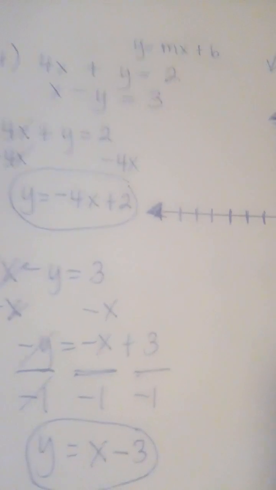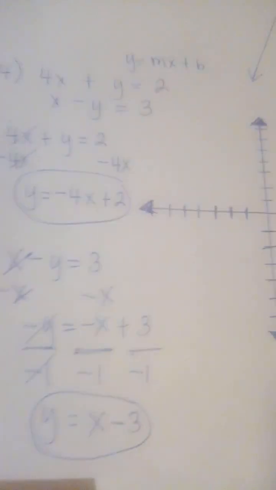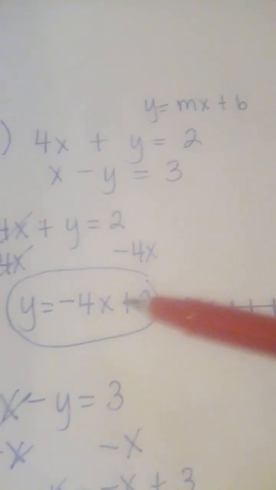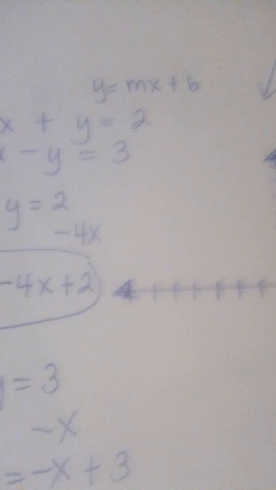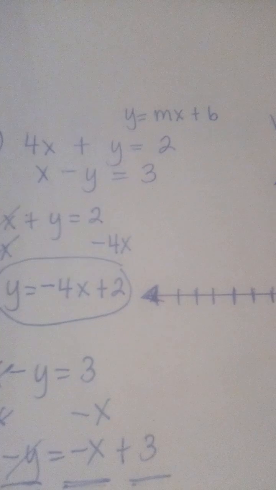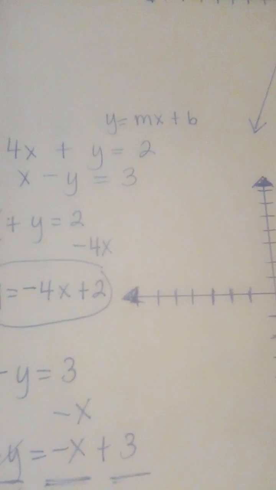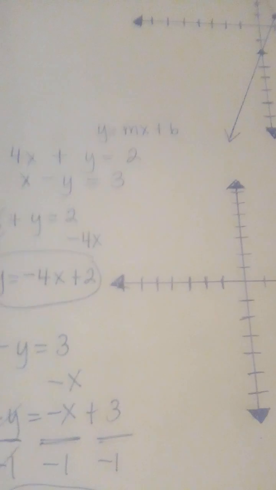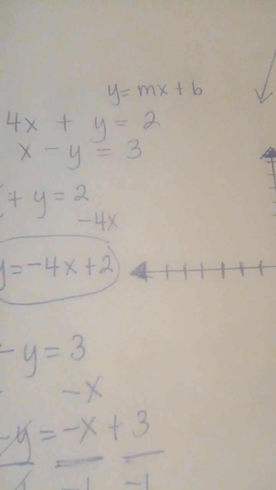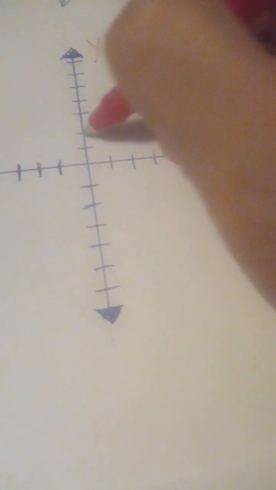Let's go ahead and plot these two lines. So let's do y equals negative 4x plus 2. Do we go up 2 or down 2 on the y? We go up 2, right? So go 1, 2, that's our starting point.